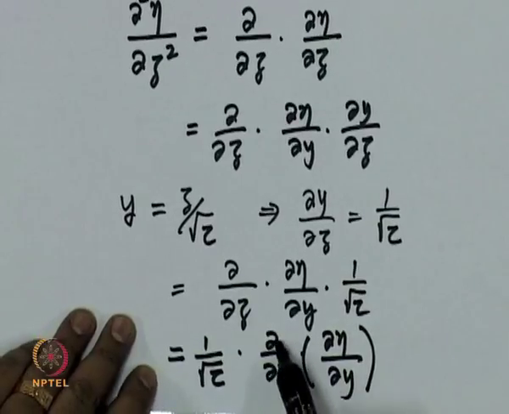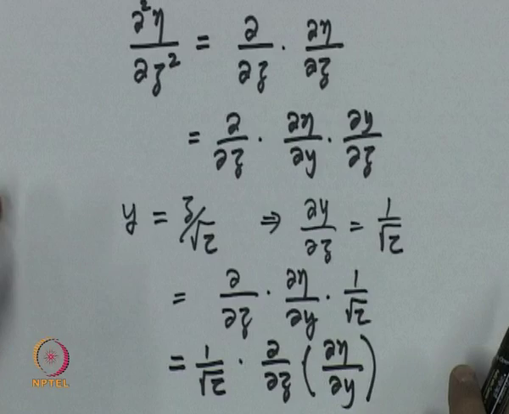Right. So, this ∂/∂z I am going to use the same trick once more. I am going to say ∂/∂z is nothing but ∂/∂y times ∂y/∂z.